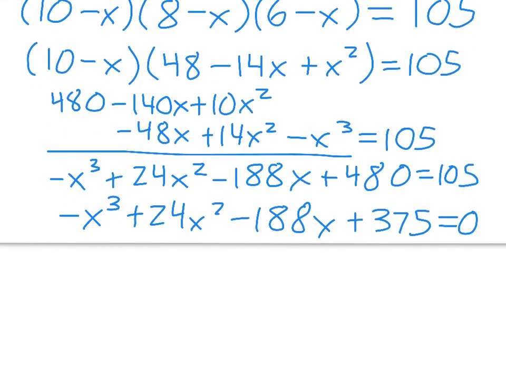Because this is a word problem, we probably want to eliminate any negative answers. We're going to decrease each dimension by some positive number. If you decrease something by a negative number, it actually gets bigger. So we want to try positive values of x only.